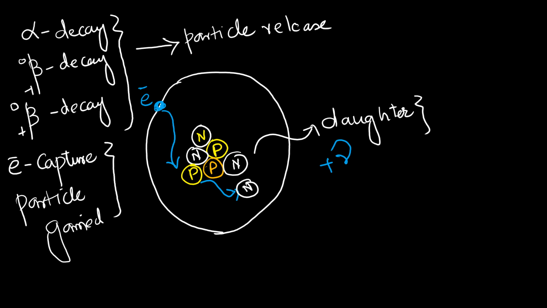So now, dear student, let us write the chemical equation for the electron capture process. Consider that we have an element X. In the periodic table, elements are represented by their atomic number as well as atomic mass.